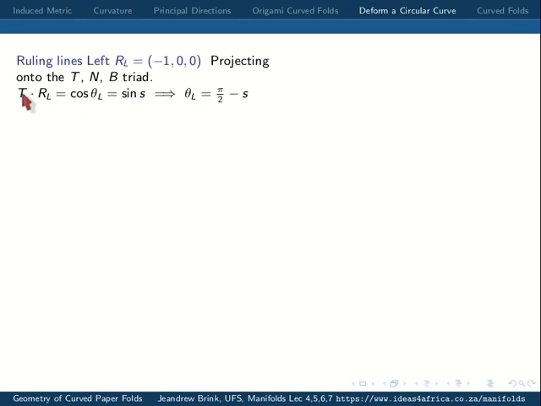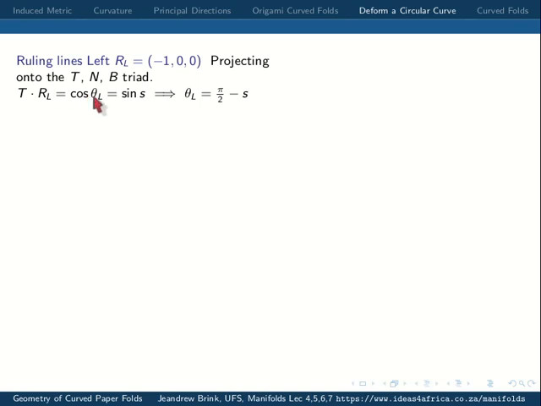So we work out t dot rl. And this is the reason why you had to make t a unit vector. Otherwise, you're going to start getting complications when you work out the dot products. So you have t dot rl is simply cos of theta l.